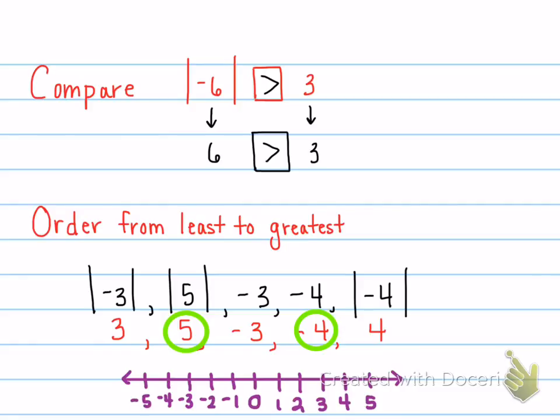Now when I plot these numbers, I have +3, 5, -3, -4, and +4. So when I order these from least to greatest, my -4 is my least.